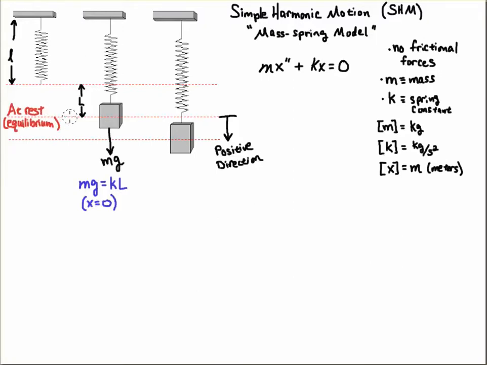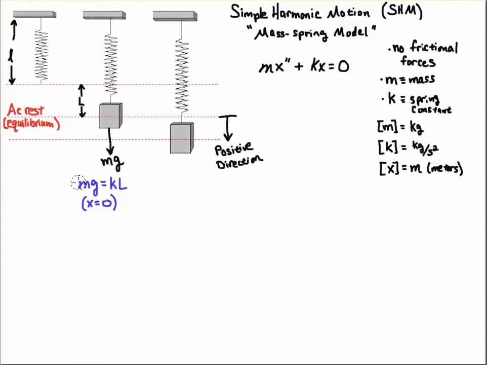This line is the at rest position, which we call equilibrium. The only force acting on the block at this point is mg, the weight of the block. What keeps it from plummeting down into the abyss is that the spring is holding it up. There's a restorative force, the spring pulling upward, given by kL.